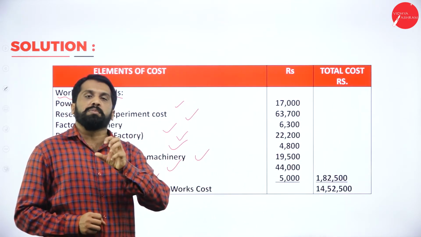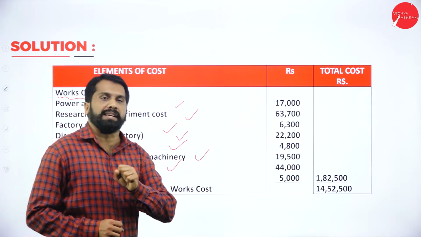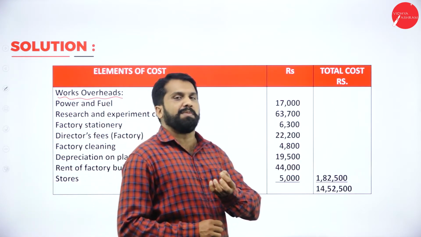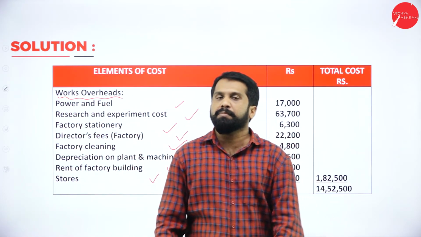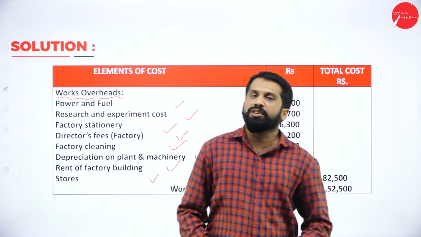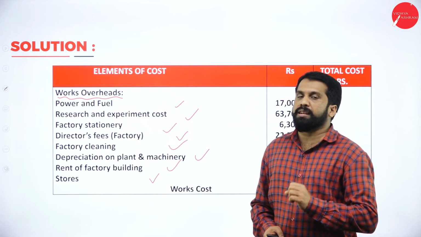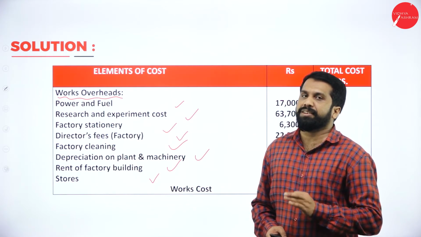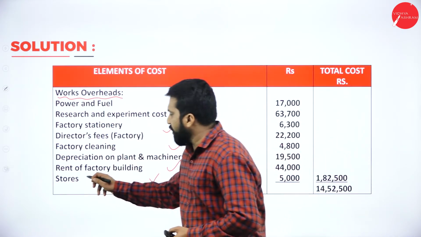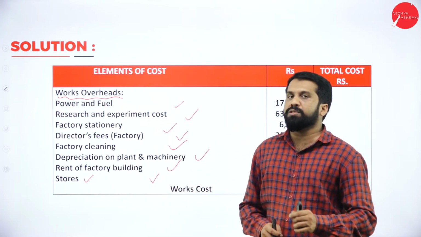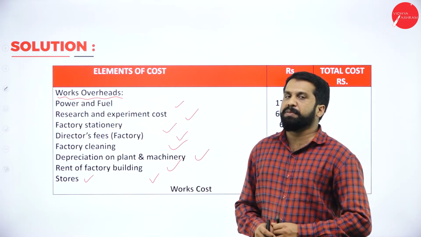Stores means small equipment like your screws, nuts, or small metals, or items related to your production, which are still pending in your godown. It is not the godown in your factory. So those things we call stores. Stores is nothing but your expenses only.